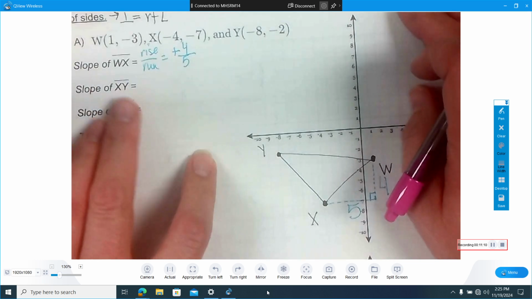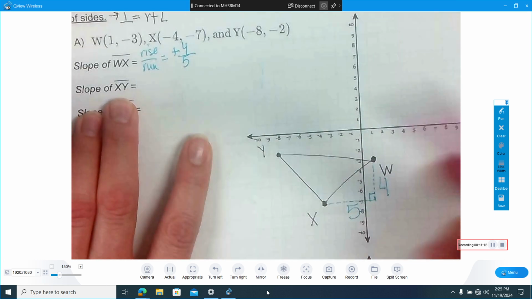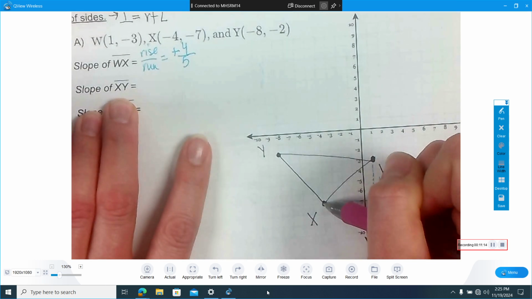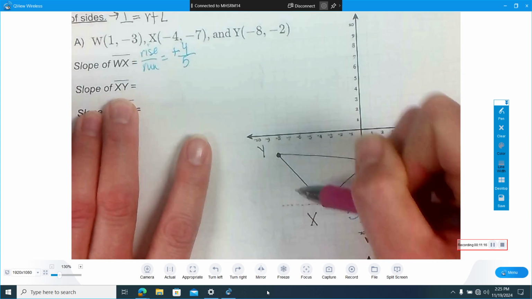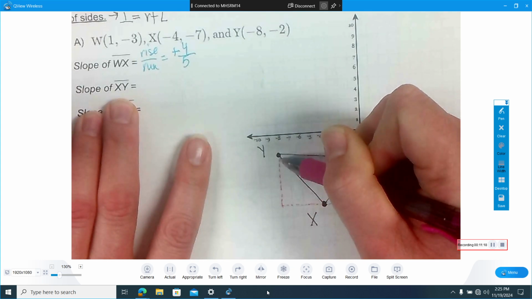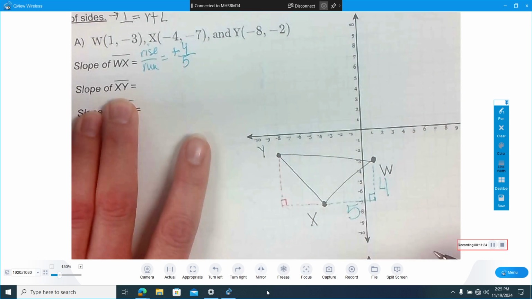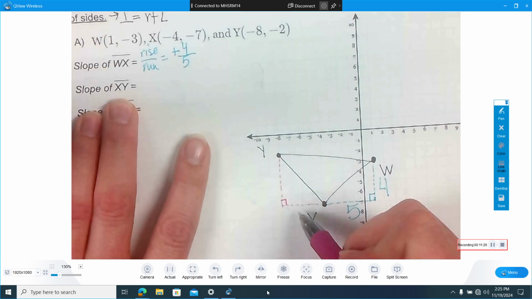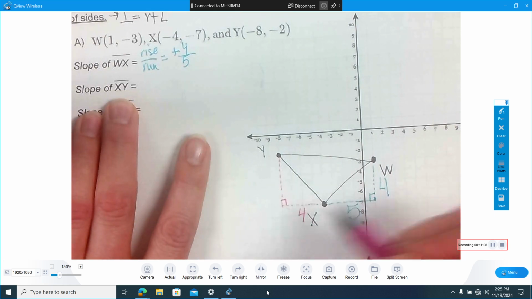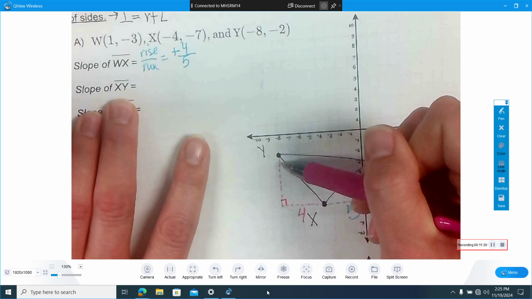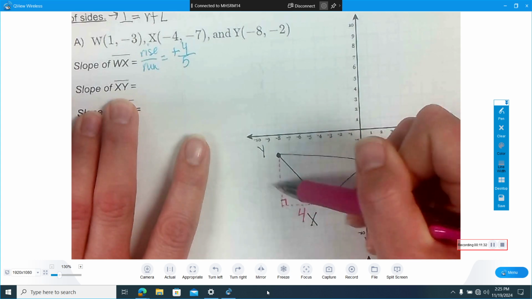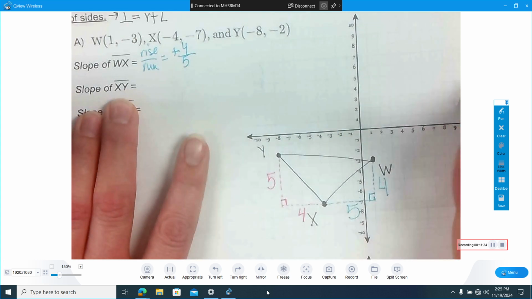All right. I want to find the slope of XY. Going from X to Y, I have a little horizontal component and a vertical component. What's the length of my horizontal component? 4. And again, we're going to use these marks again, so having them on paper is really nice. And the vertical bit? 5. Good.